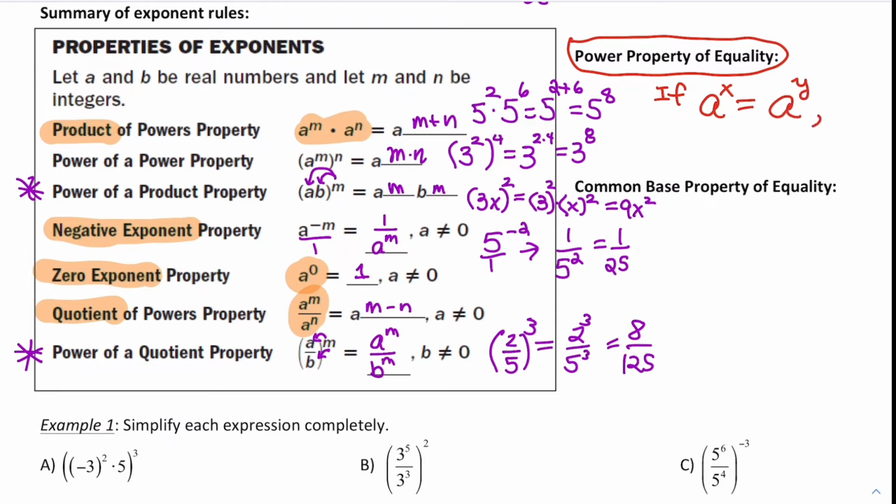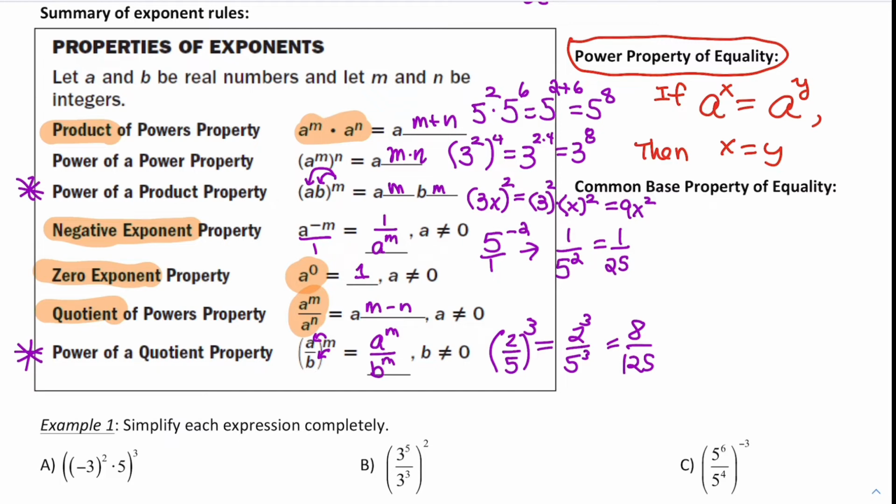Well, since their bases are the same, a equals a, then their powers have to be the same. Then x must be equal to y, excuse me. So if a raised to the x power is equal to a raised to the y power, then x and y must be the same power. X must be equal to y. So that's the power property of equality.